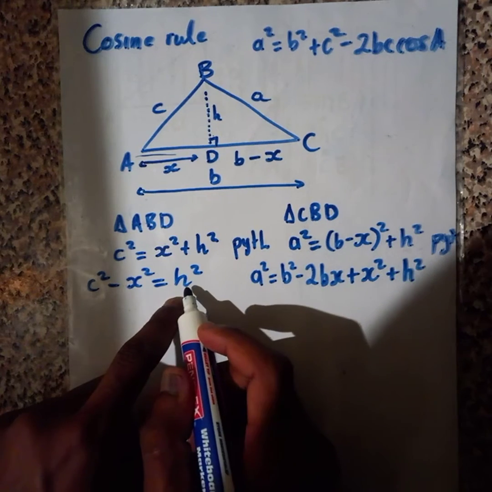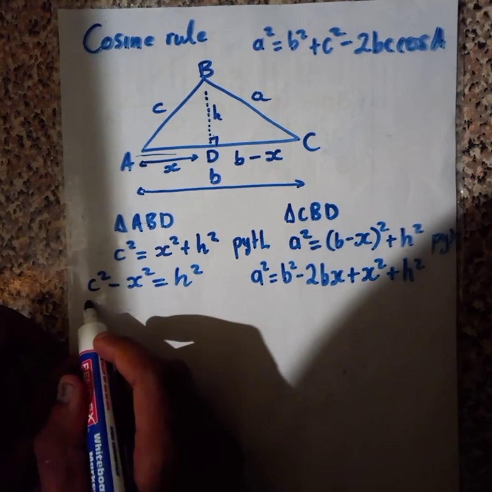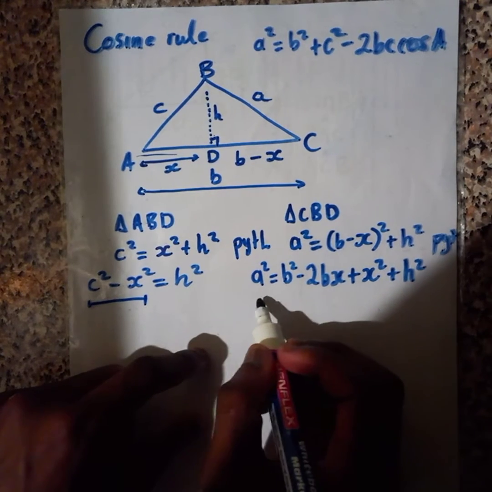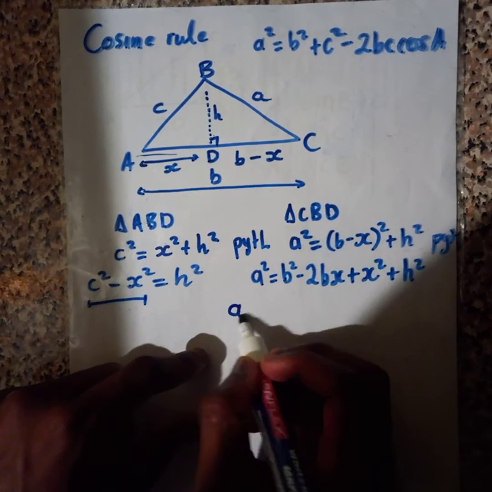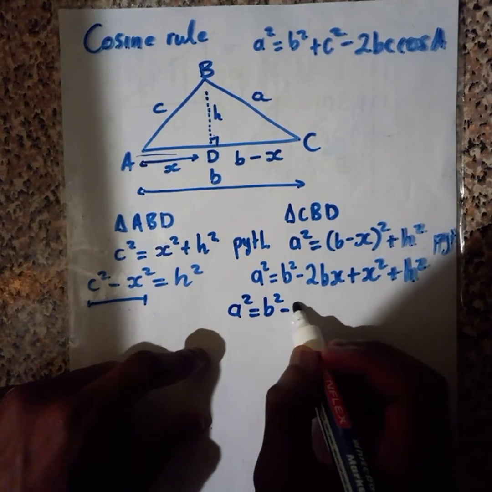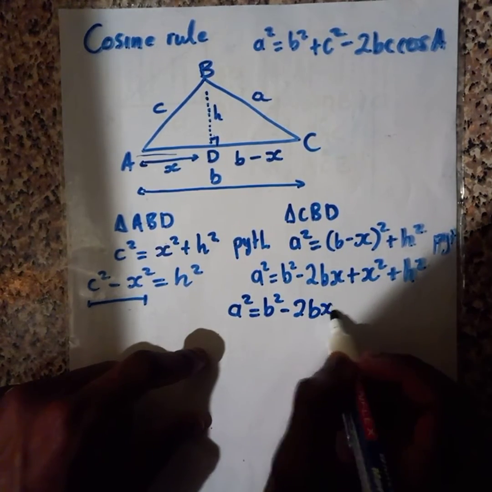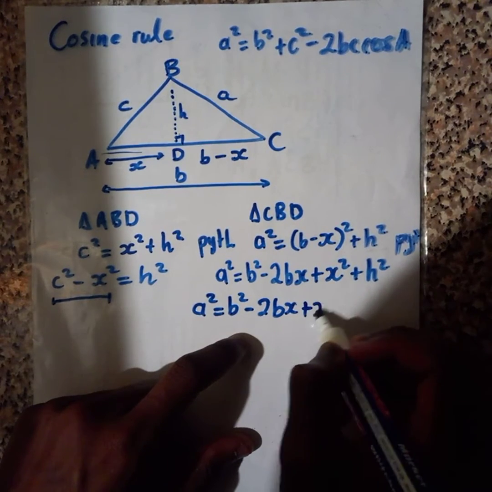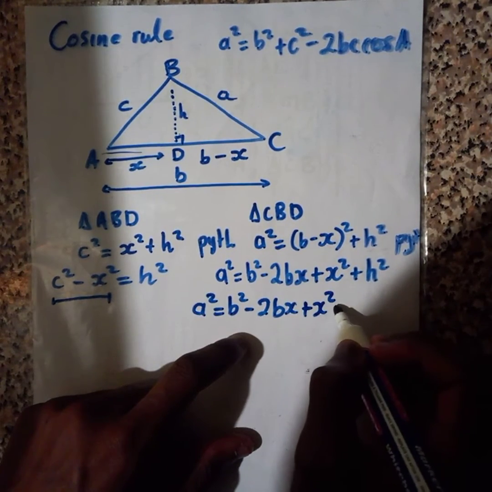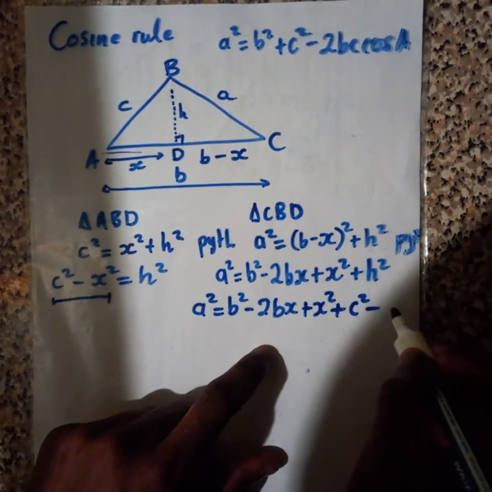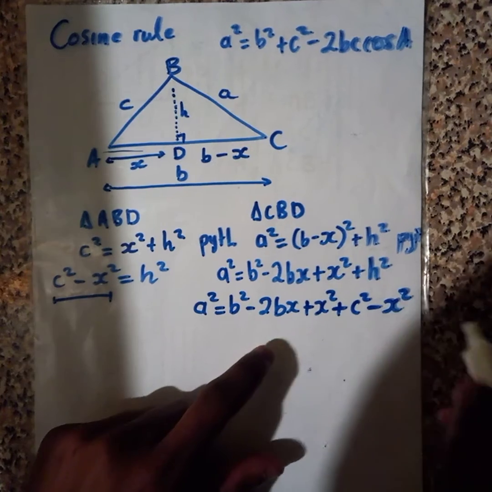Where you see h, you substitute this expression. Then it's going to be b squared minus 2bx plus x squared. Then where you see h squared, I'm going to take c squared minus x squared.